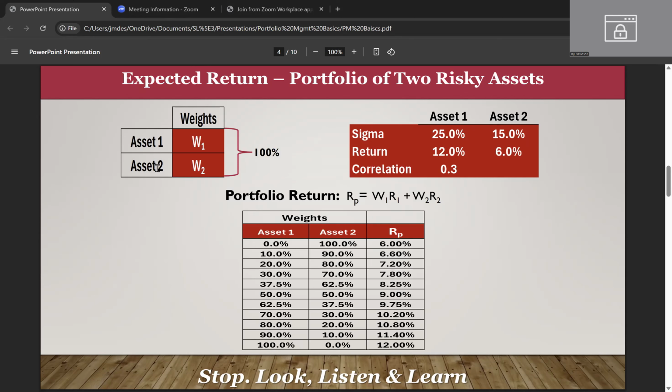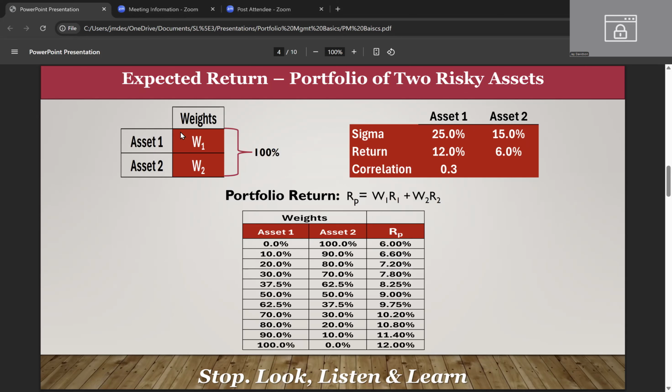Or we could invest all of our resources in asset two and none of our resources into asset one. And another option would be to split our resources between asset one and asset two. And if we decided to do that, then there are almost an infinite number of combinations of asset one and asset two that we can have within our portfolio.